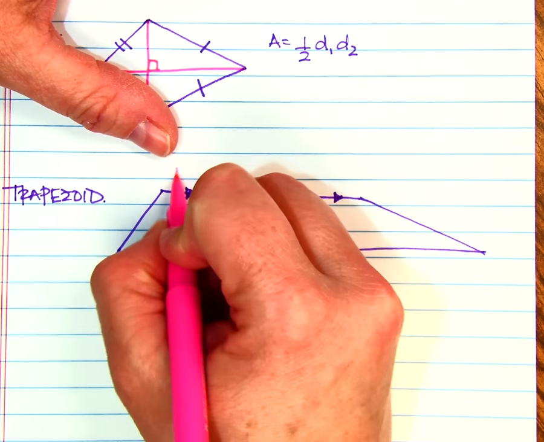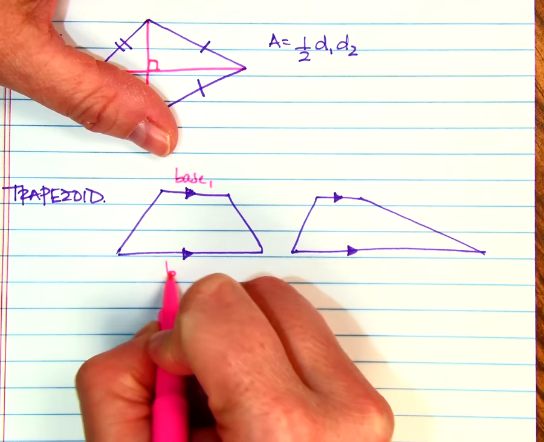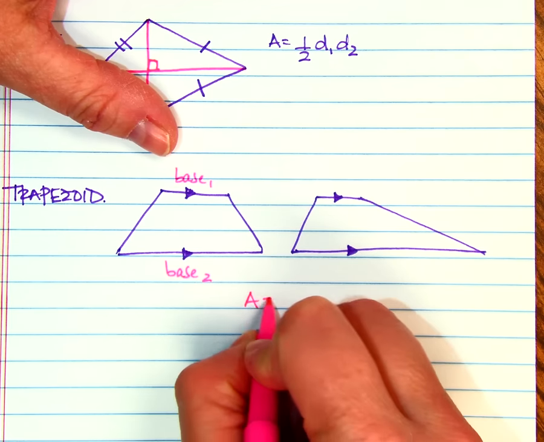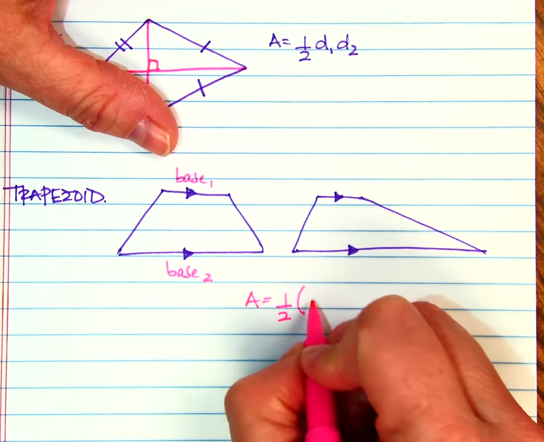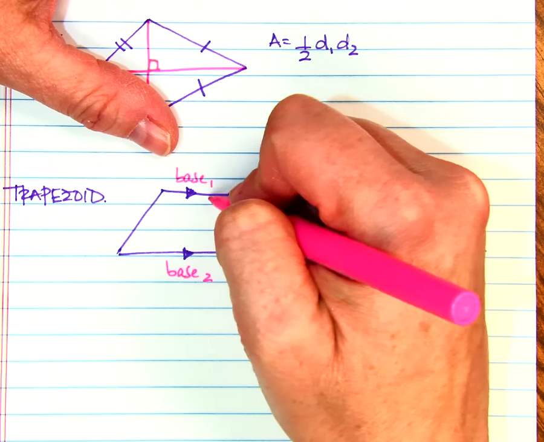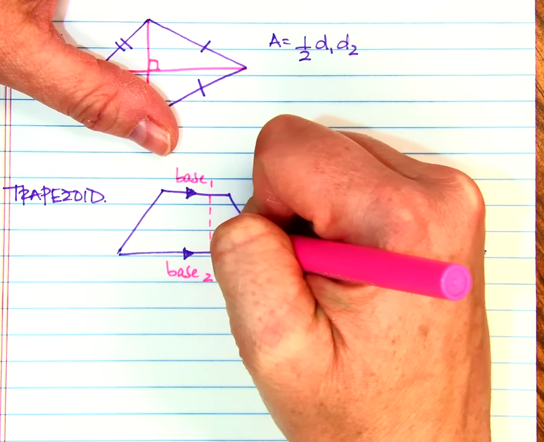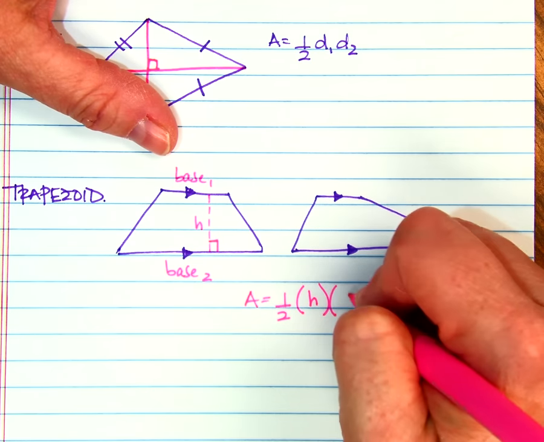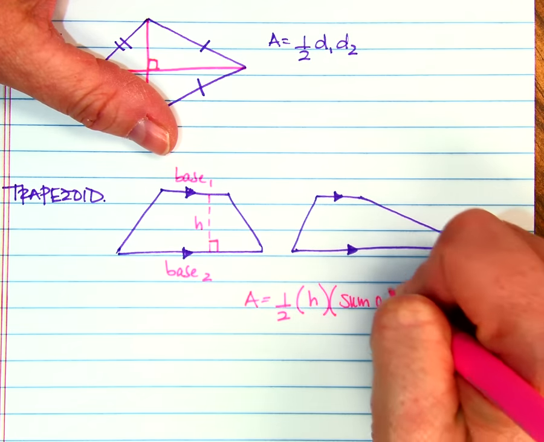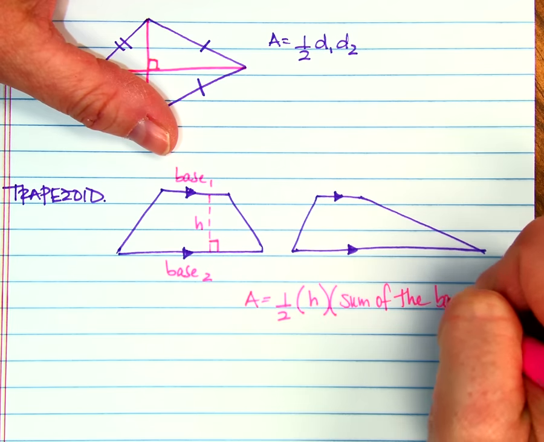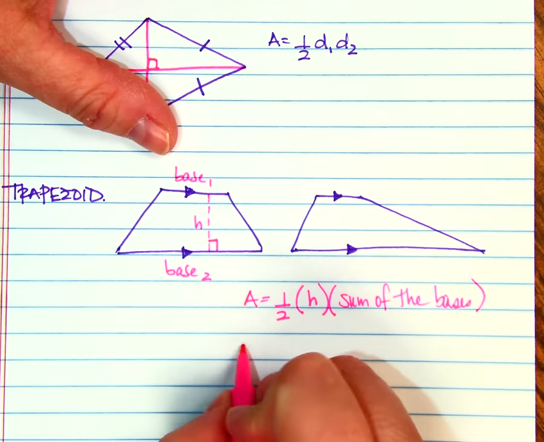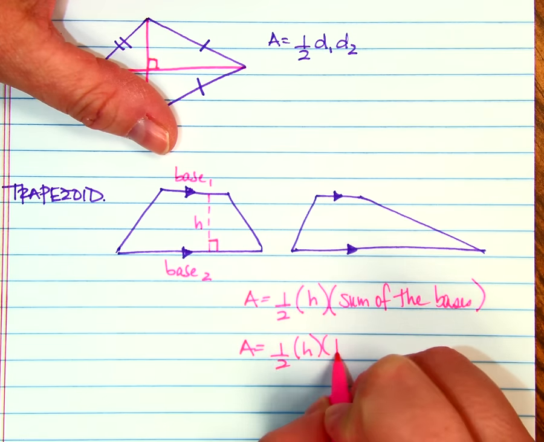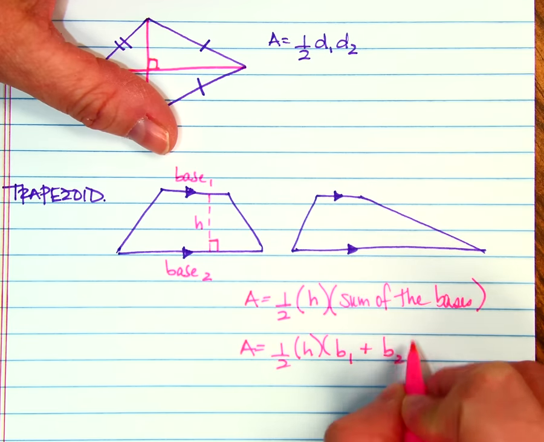So this would be base sub 1, and this would be base sub 2, or vice versa. It does not matter. So the area formula is 1/2 the height. Remember, height can be anywhere as long as it's perpendicular. So there's my height, or my h. 1/2 the height times the sum of the bases. So area equals 1/2 the height times base 1 plus base 2.